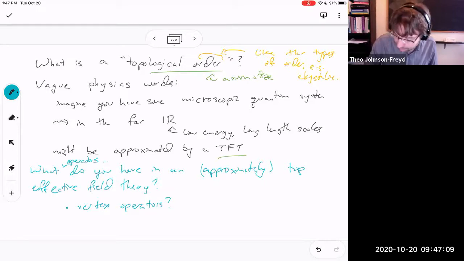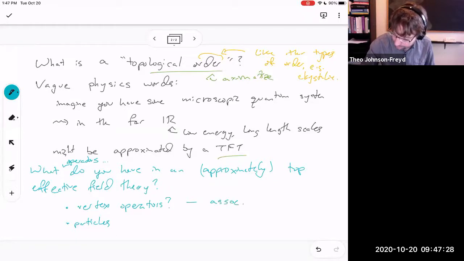You might have particles, and so the vertex operators. Let's see. So it's a topological field theory. The vertex operators in a topological field theory, except in very low dimension, will be some associative or maybe commutative algebra.